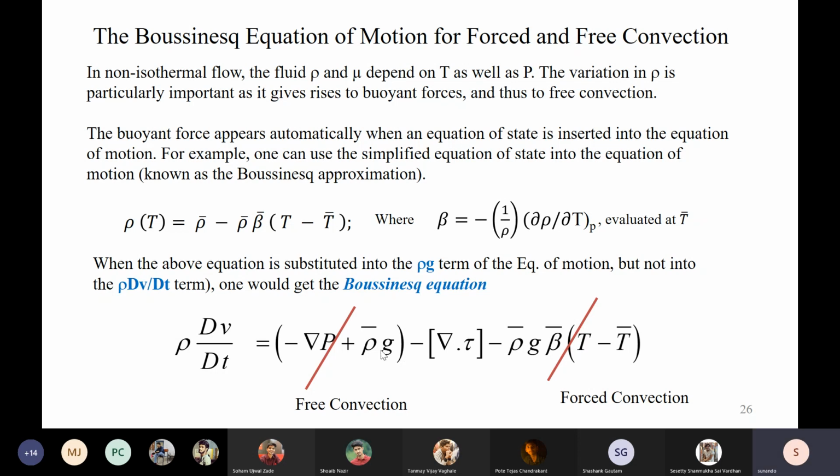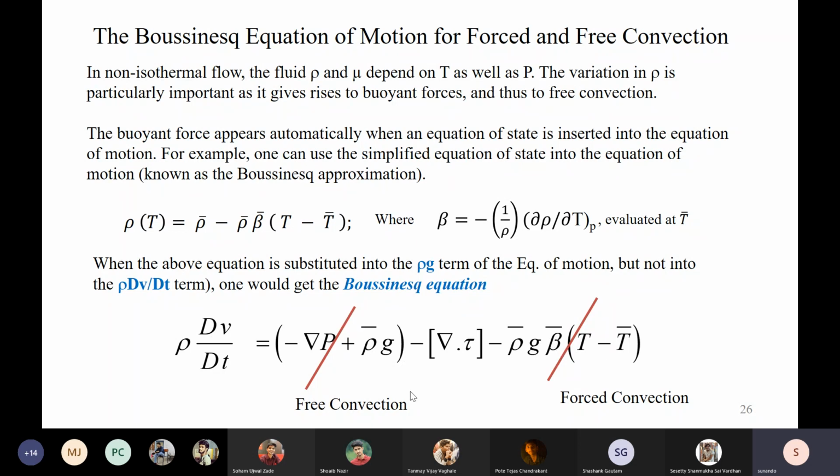Additionally, if I make both the terms equal to 0, then we are simply saying it is the hydrostatic pressure balancing the pressure generated due to gravity, and in the absence of any temperature gradient, these two terms will simply cancel each other, and there would be no flow for the case of free convection had there been no temperature gradient.